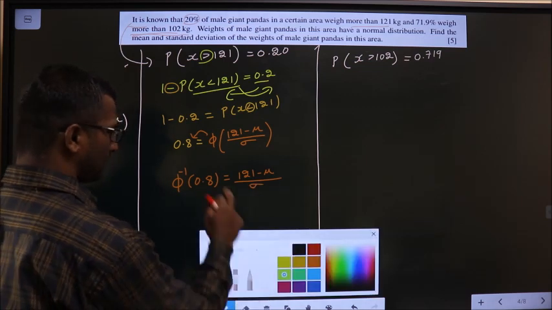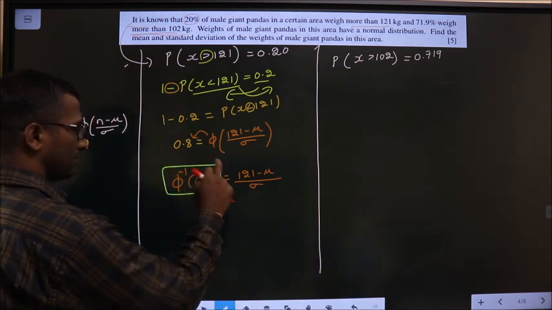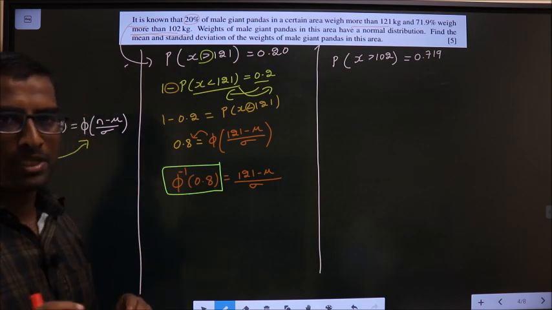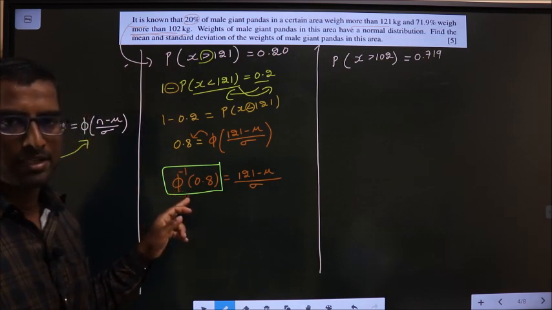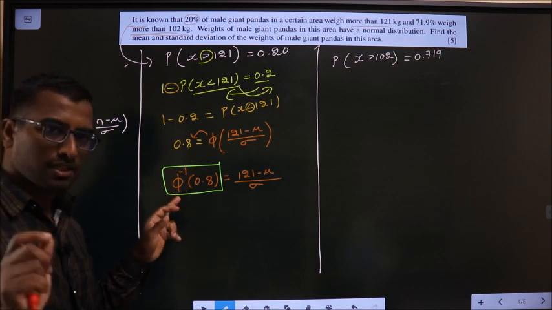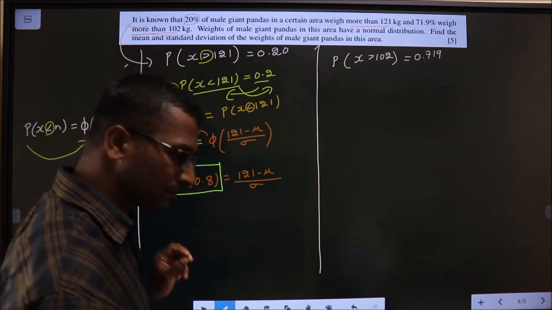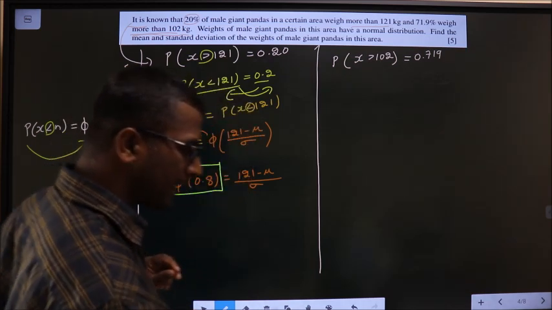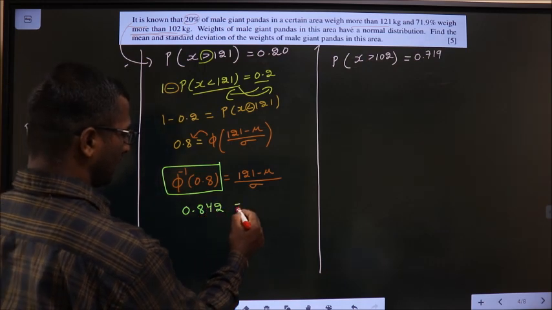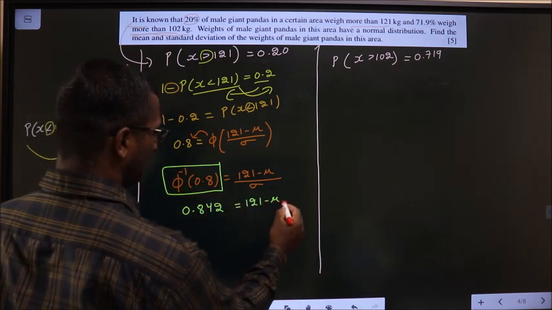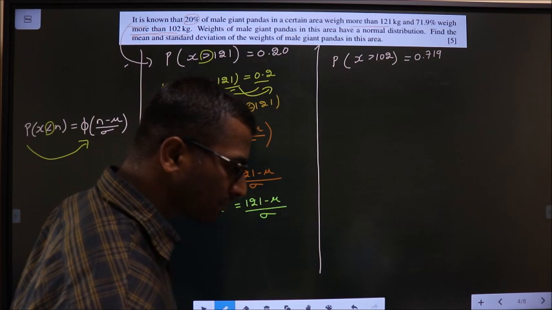Now this value you will get from the normal distribution table. If any doubts in using the normal distribution table, look at the playlist given in the description. So this you should get it to be 0.842 equal to 121 minus mean by standard deviation.